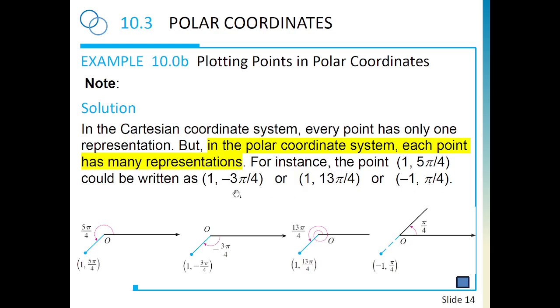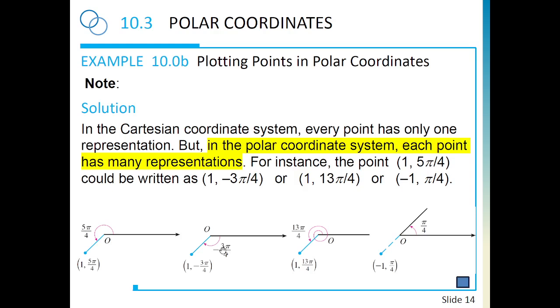So it's very interesting. Our original point was distance 1 and angle 5 pi over 4. The r is positive here, so we stay with the angle in the same quadrant. Here we are in quadrant 3, nothing special. Now we can have different ways of writing the same point. Again, distance is 1, but angle is negative 3 pi over 4.